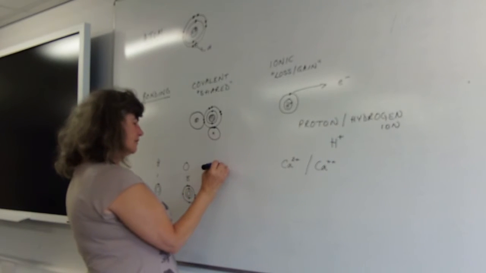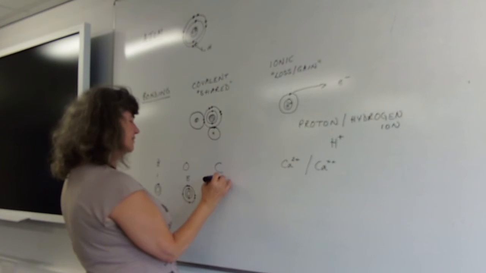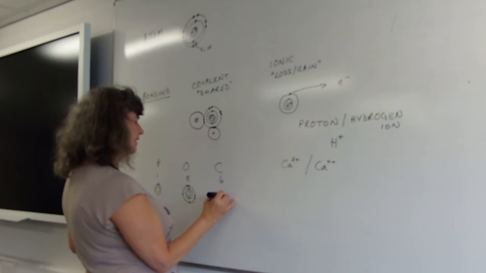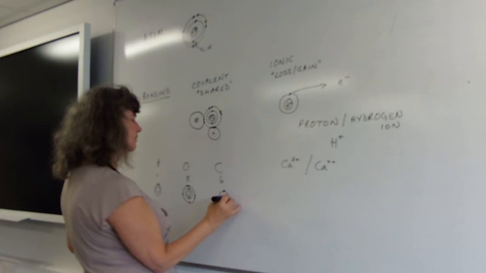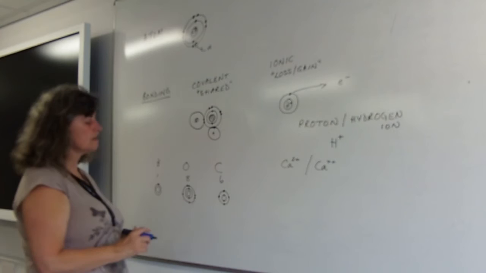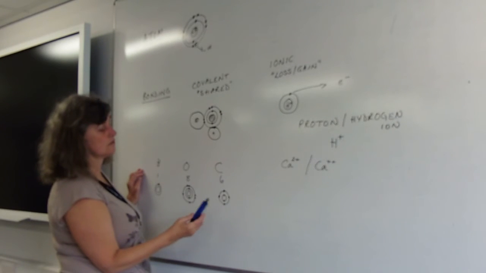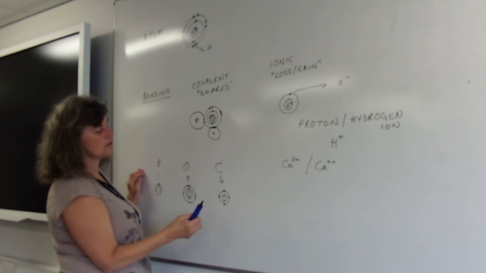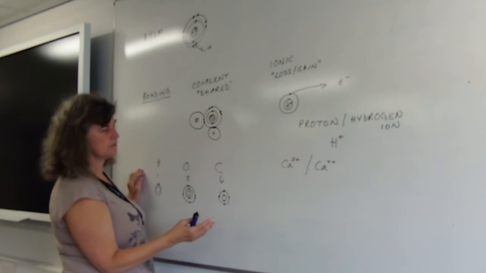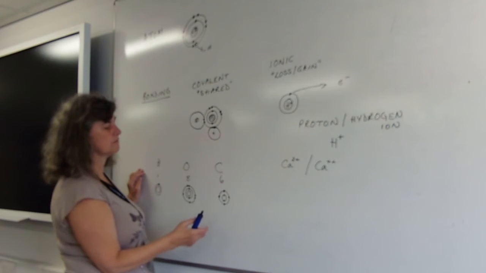Carbon, told you I didn't know what I was talking about, has an atomic number of 6. And that means that it has its inner shell 2, 3, 4, 5, 6. Now you see, because it's got 4 electrons in its outer shell, it's not going to be overly keen on losing any of them, so it tends not to ionize, and it tends to be involved in covalent bonding.